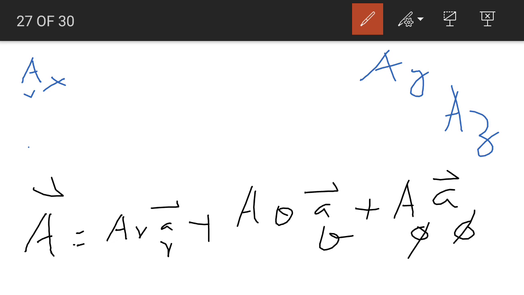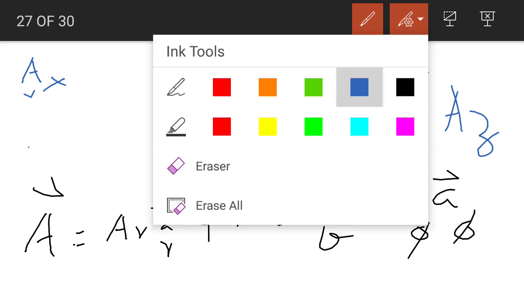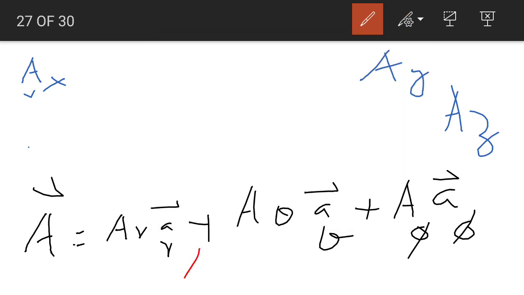And you know how to calculate the x component. We know that the x component of this vector will be equal to vector A dot ax. So vector A dot ax will give you the x component.